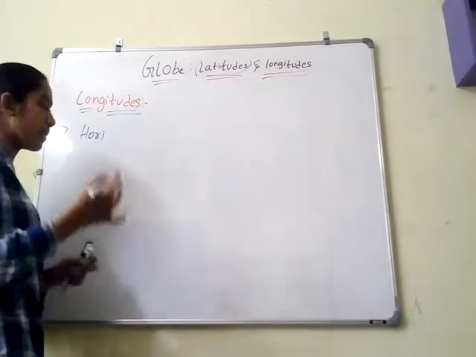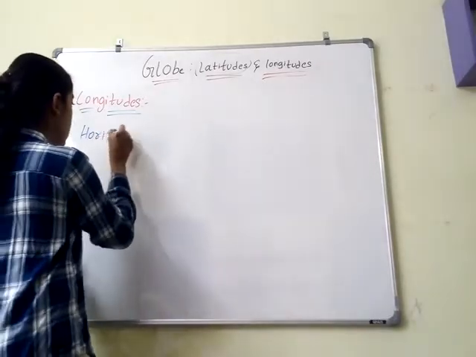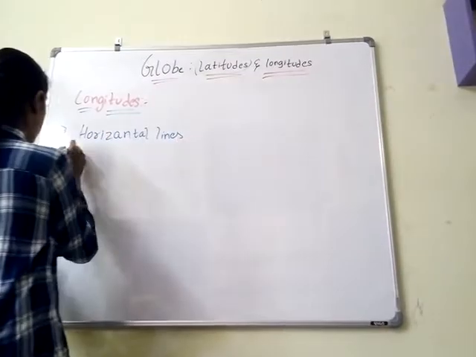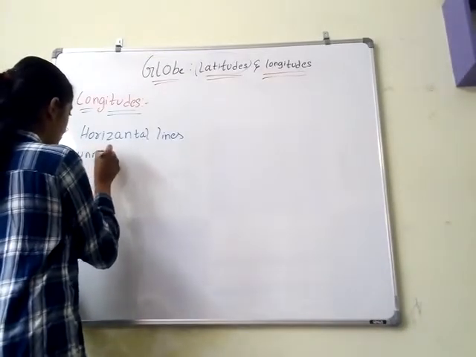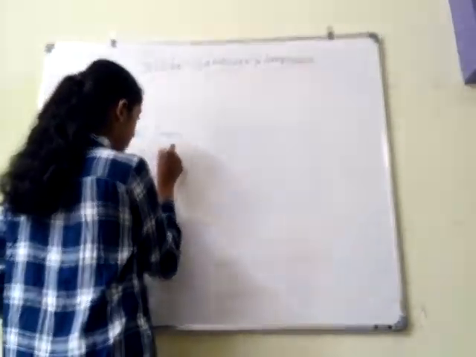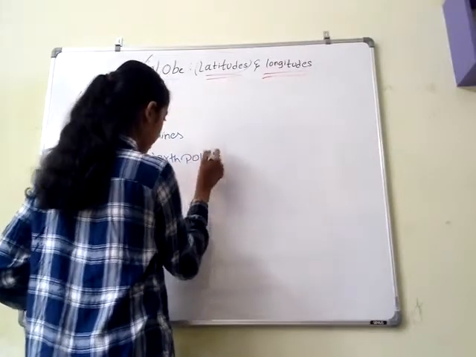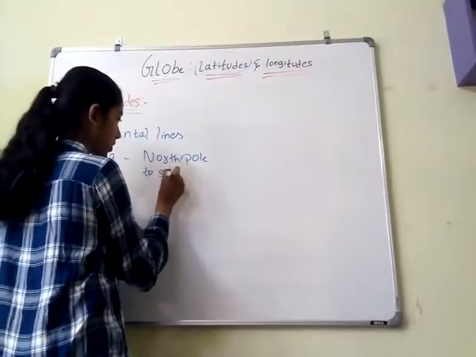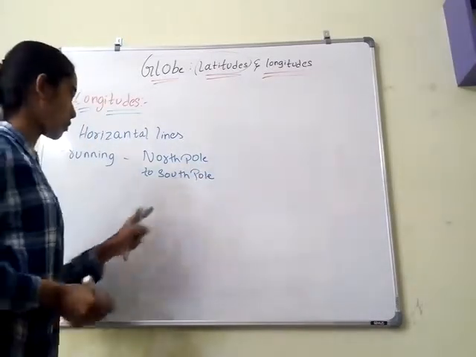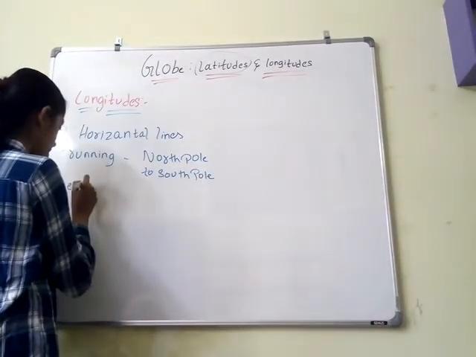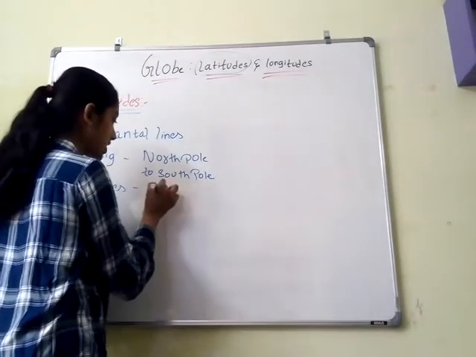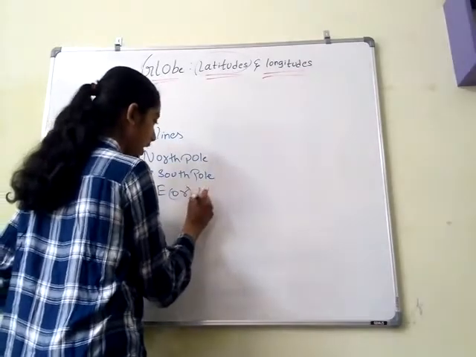To remember, you can simply say that these lines, which are running from North Pole to South Pole, provide references to find how much east or west a place is.